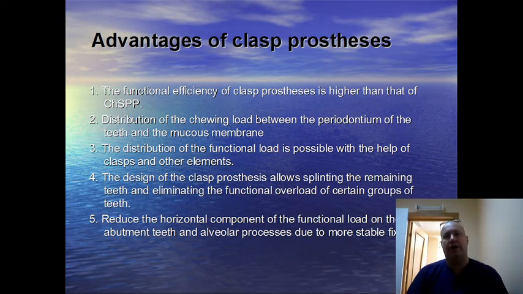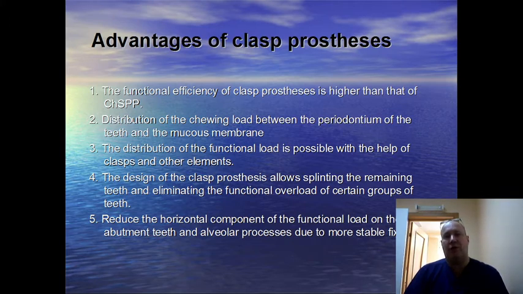Advantages of clasp prostheses. First, the functional efficiency of clasp prostheses is higher than that of plate prostheses, so-called partial removable dentures in English. Distribution of the chewing load between the periodontium of the teeth and the mucosal membrane.